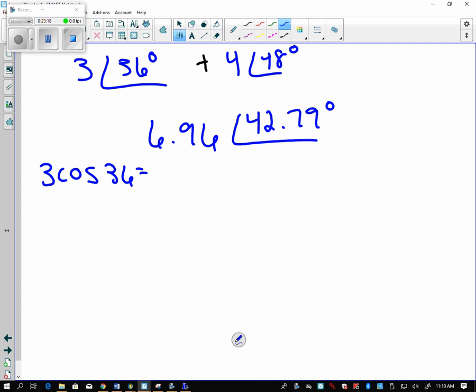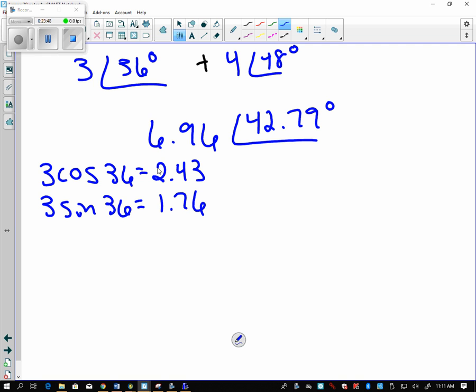All right, okay, so 3 cosine 36 should be 2.43, right? All right, what was 3 sine 36, Katie? 1.76.